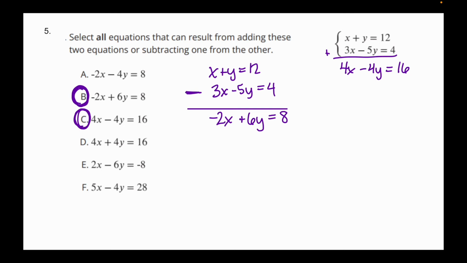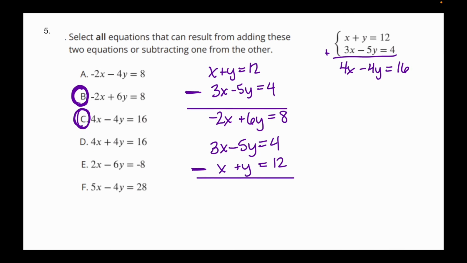And then if I reverse the order, and I did 3x minus 5y equals 4, and I instead subtracted the x plus y equals 12, you would see the same difference between these numbers, but instead they would just become opposite signs.